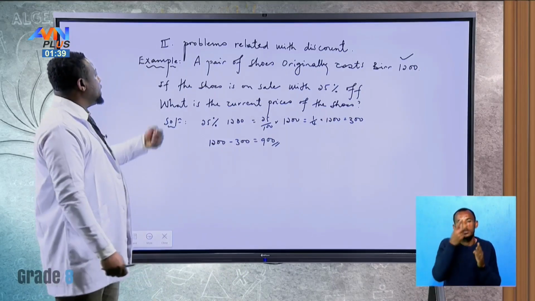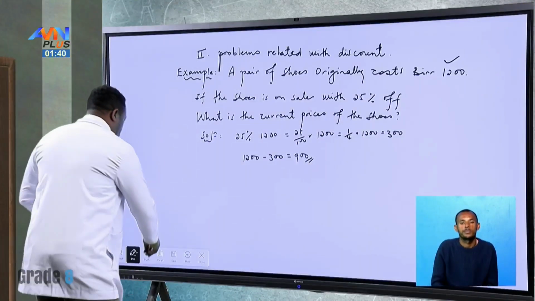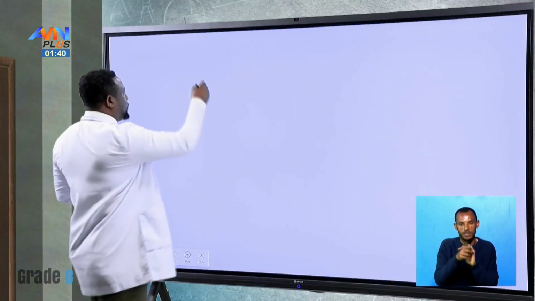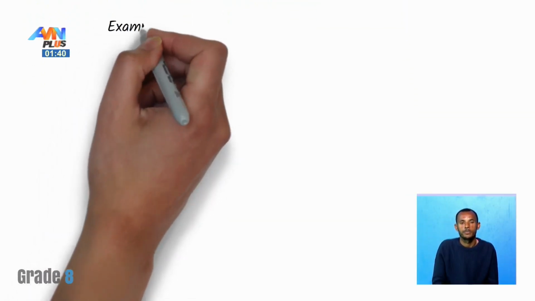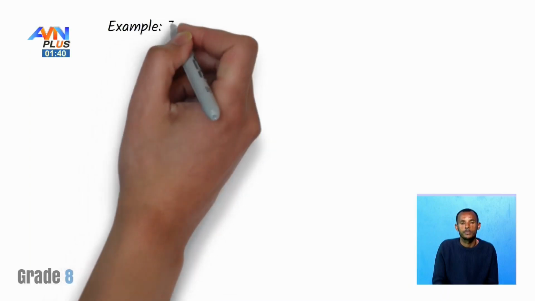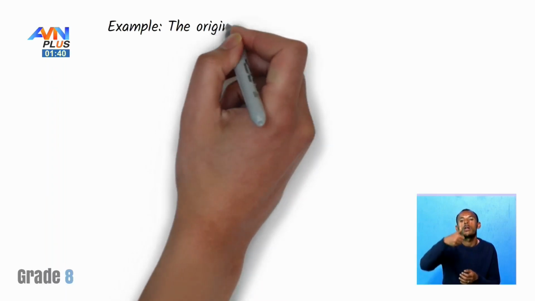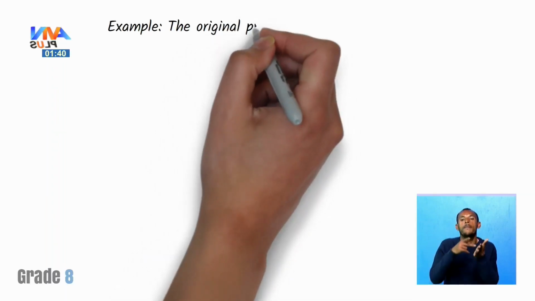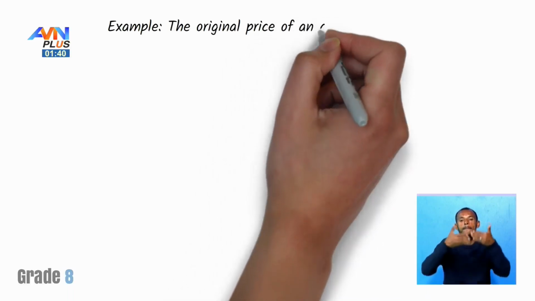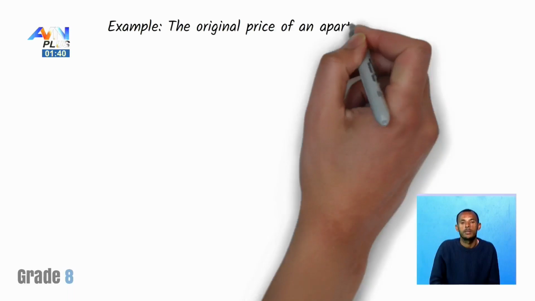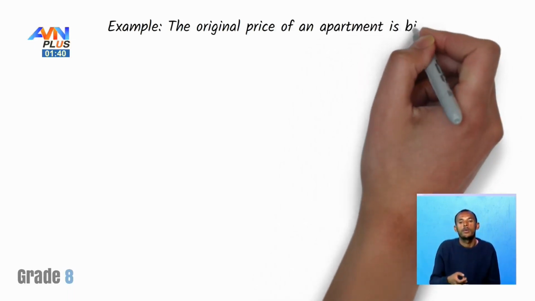Let's see some more examples regarding discount. Let me give you one more example on this issue. The original price of an apartment is 5 million birr.